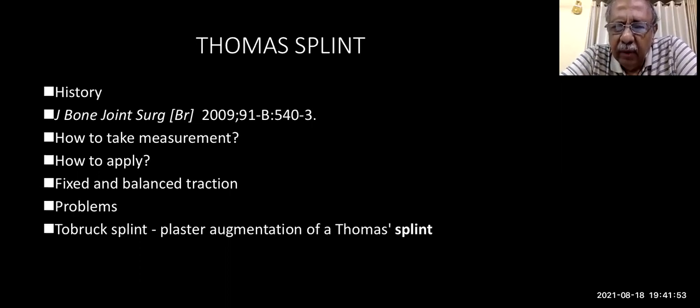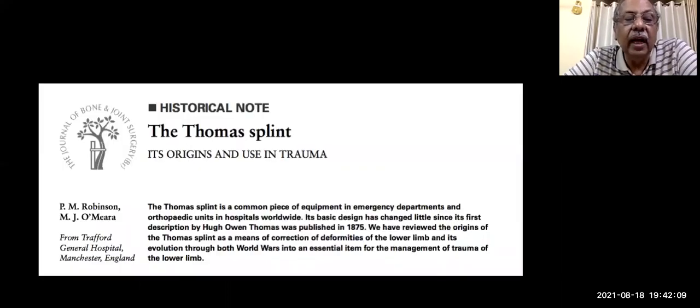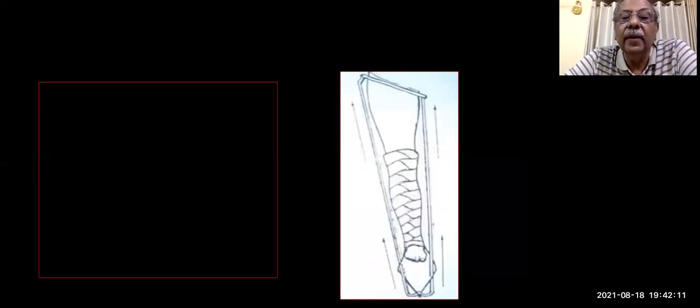Therefore, the limb was totally immobile, and this has saved a lot of lives because movement occurring to the fracture shaft of femur leads to fat embolism and ARDS. Therefore, this was prevented by using the Tobruk splint. So this can also be asked. So this is the article which I have been mentioning.